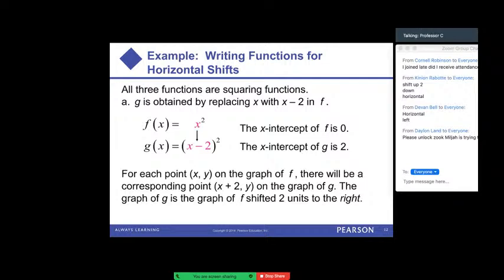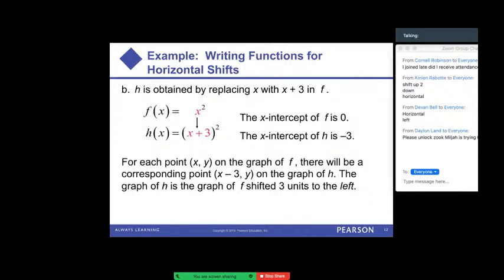Shifted 2 units to the right, right? And this is a similar discussion, but this is going to be 3 units to the left. Inside is typically the reverse of our intuition.